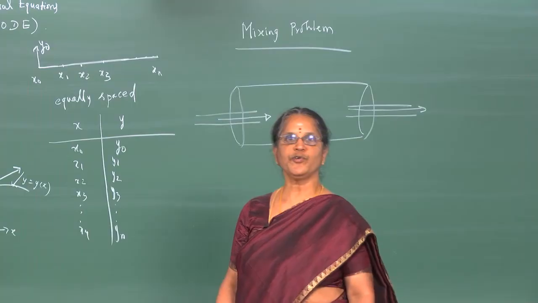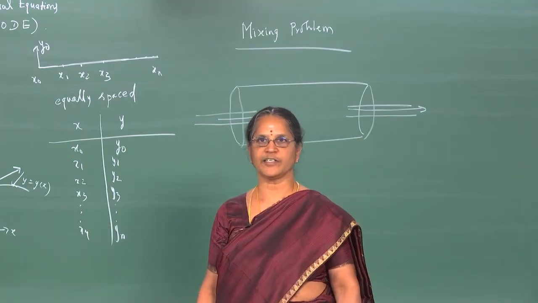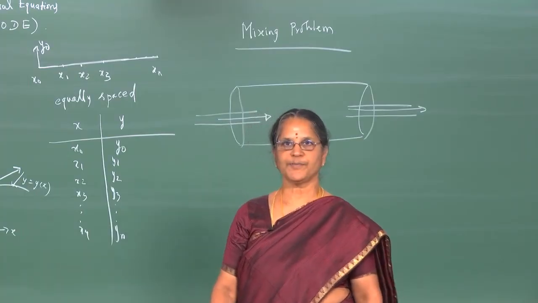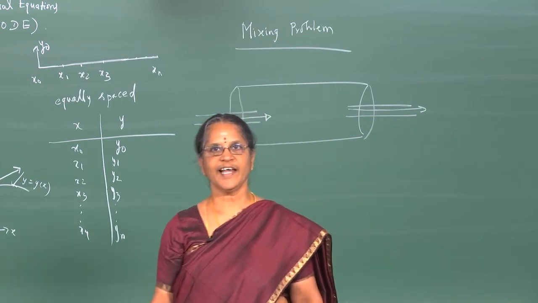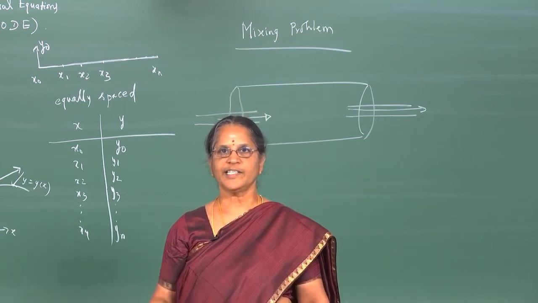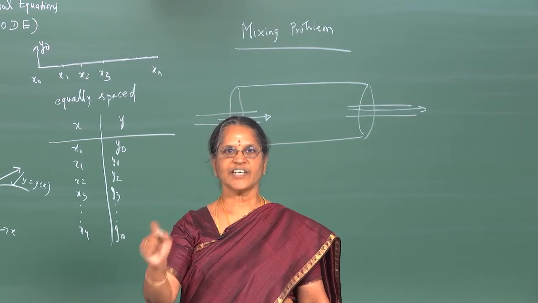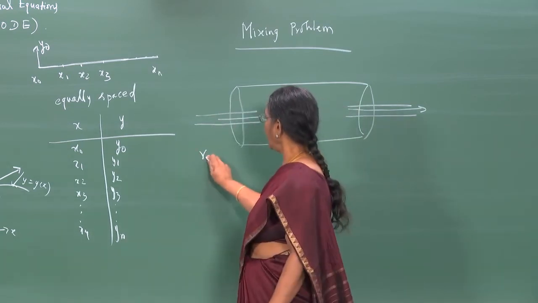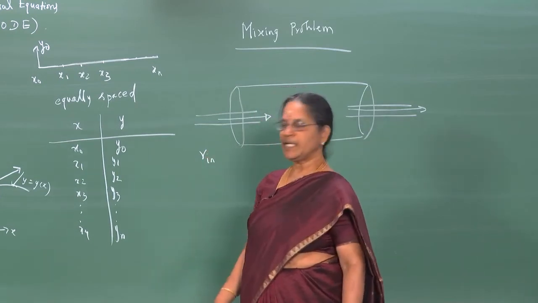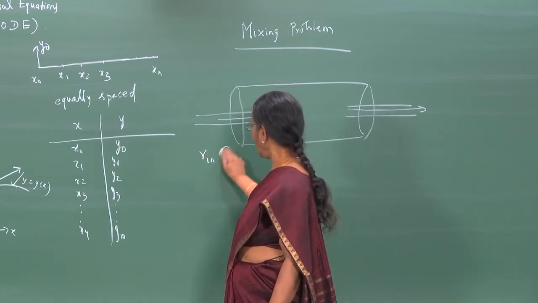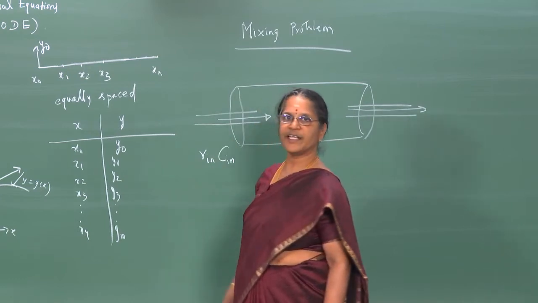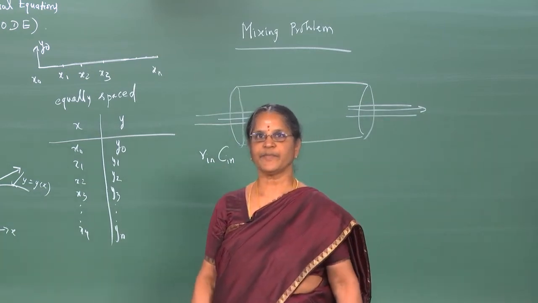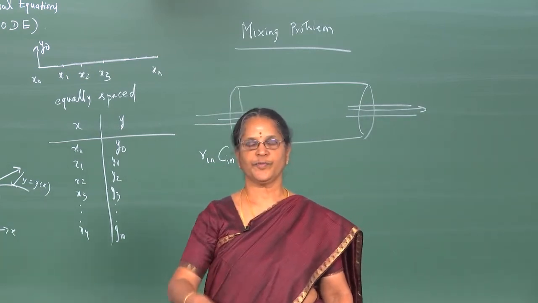So, we make use of this law and write down what it gives us. Let us compute the rate of inflow of salt in kilograms per second. It is going to be the rate of inflow, R in, multiplied by the concentration of salt in the inflow, C in.